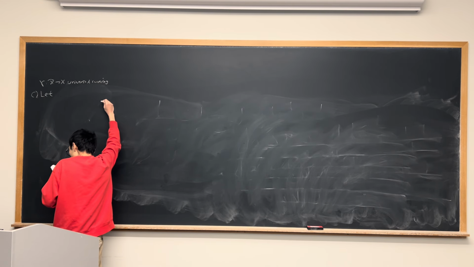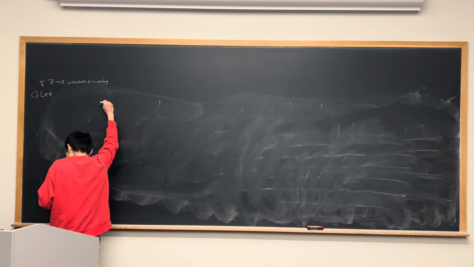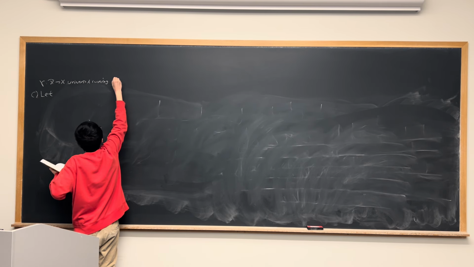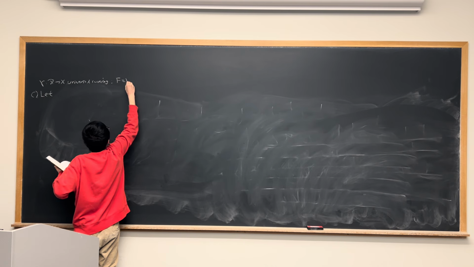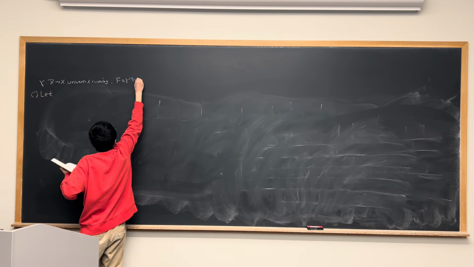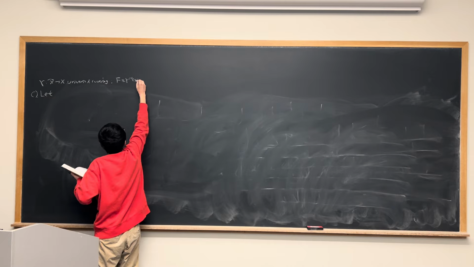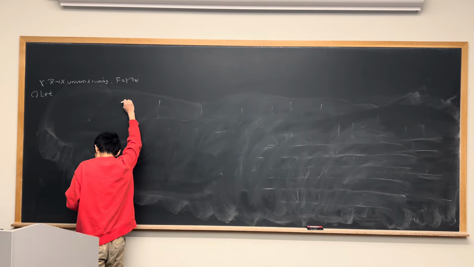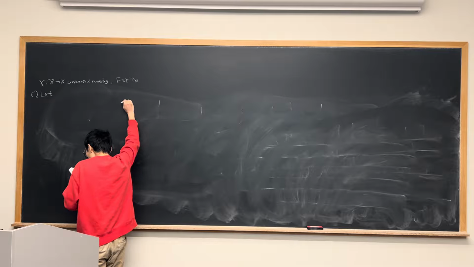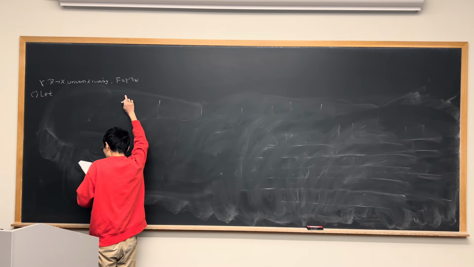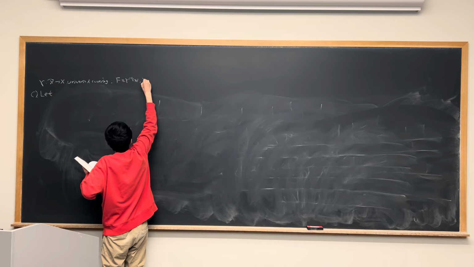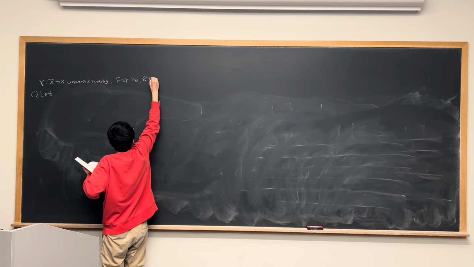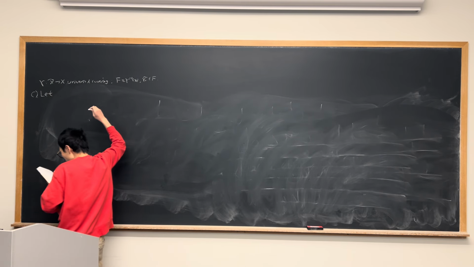Then we have this f as a fiber for the base point x naught, and then we fix a point in the fiber, x naught tilde.